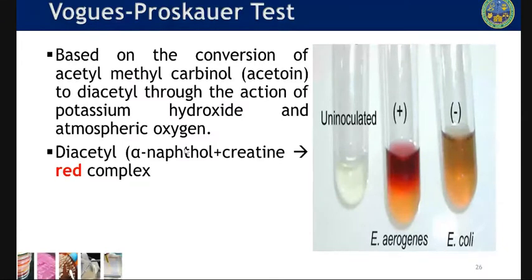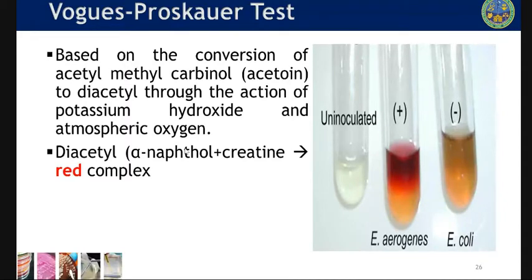So what are common organisms that are positive for the VP test? You have Enterobacter aerogenes, but currently this is known as Klebsiella aerogenes. And for E. coli, you have it as negative. So you also have another control.